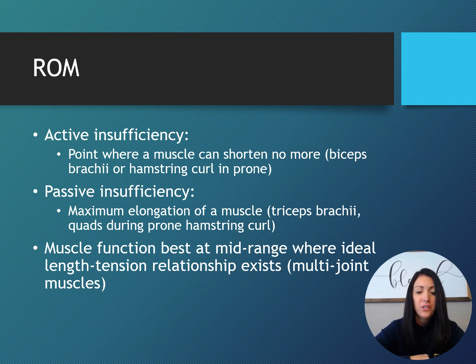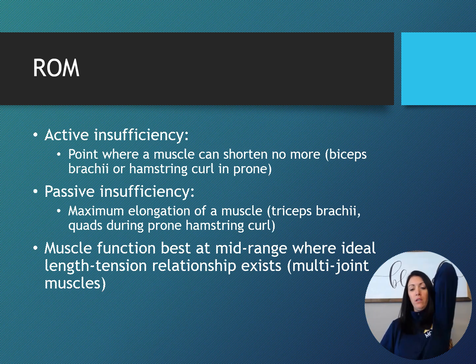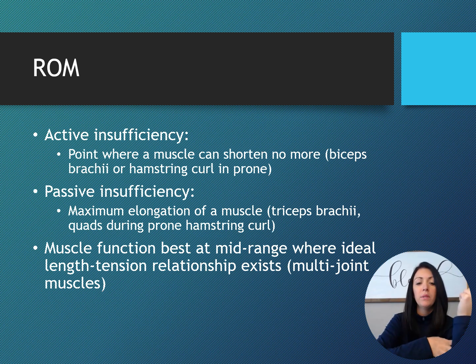So active insufficiency is a point where a muscle can shorten no more in that position. An example would be maybe the biceps brachii or the hamstring curl in prone. So if you were to do elbow flexion and then do full shoulder flexion, then that is going to shorten that biceps brachii as much as it can get, okay?